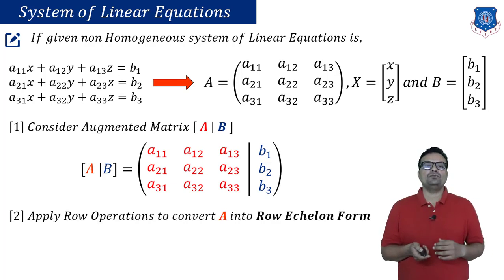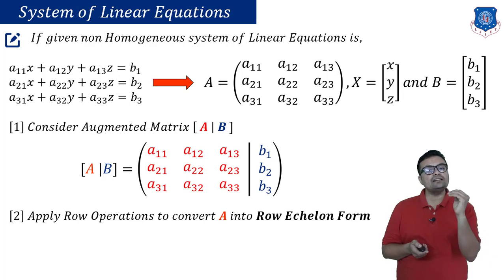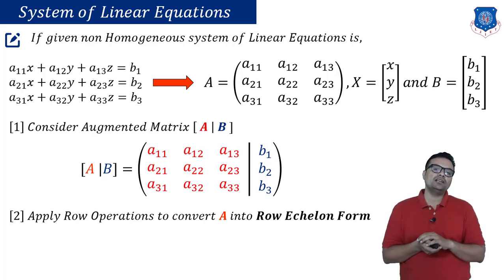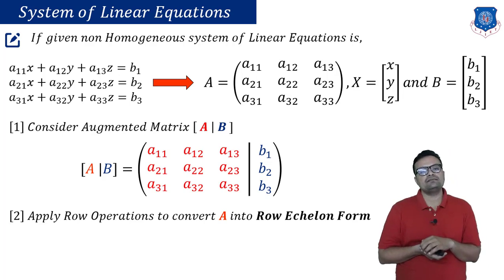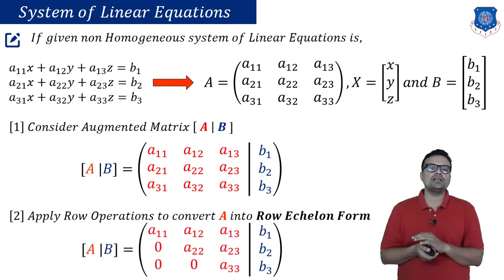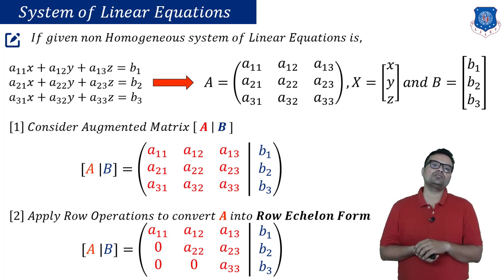And now my focus is on the rank of this matrix A. To find rank, we know that if we convert matrix A into row echelon form, then the total number of pivots will give me the rank of the matrix. So for that, I am converting this matrix A into row echelon form. I am not worried about the other part on the right hand side.